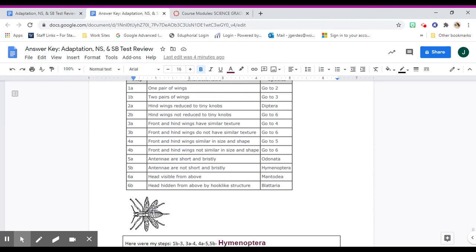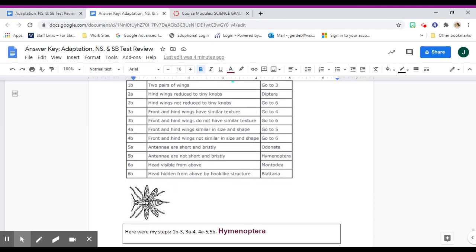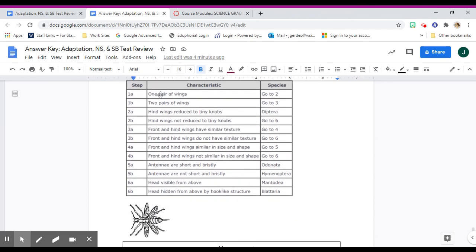So first, you're supposed to figure out its name. So you start at step 1A and 1B. You always start at 1. Okay, so I read it. It said 1 pair of wings or 2 pairs of wings. So if I look at it, it has 4 wings. So that's 2 pairs of wings. So I went from 1B to 3.